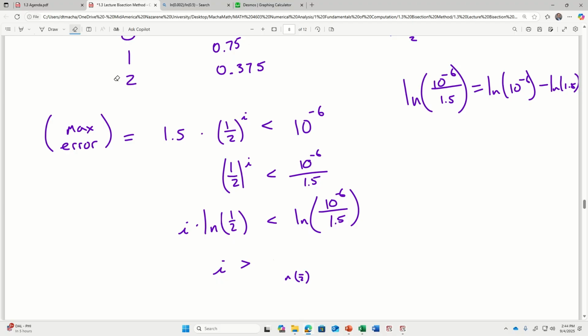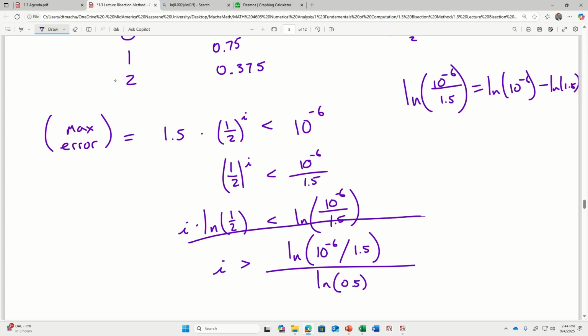But whenever you go to write your answer here, you would have to write natural log of 10 raised to the power negative 6 divided by 1.5, close parentheses, then divided by the natural log of half. Okay. And that's something you can put in your calculator. Let's try that.